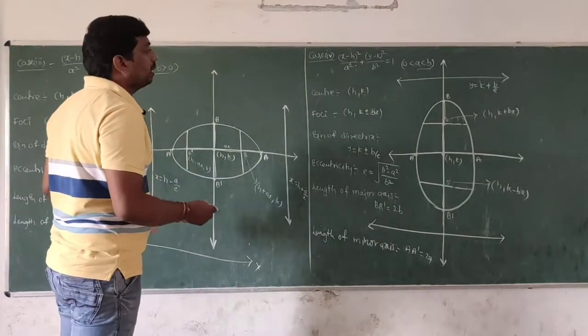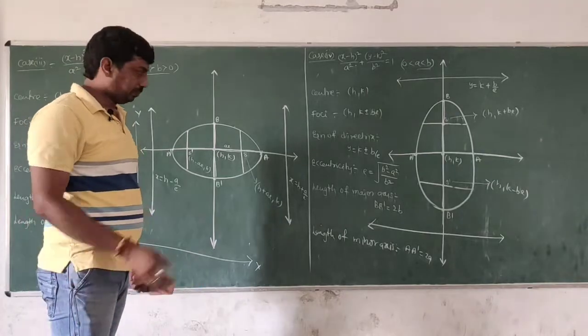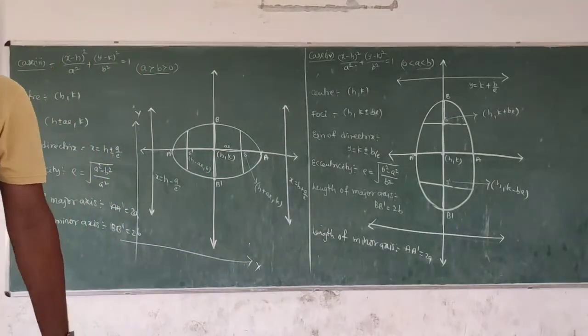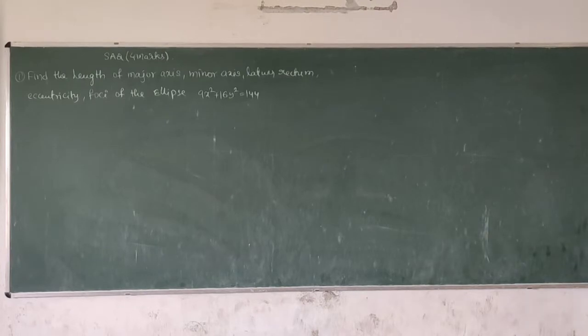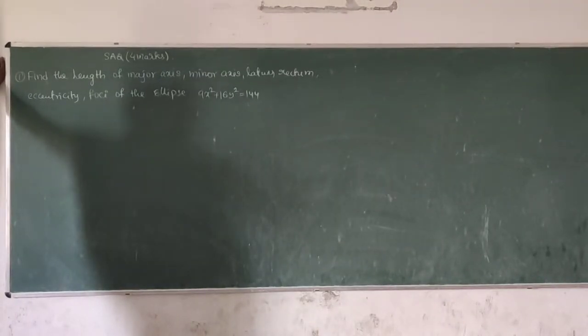So remembering the formulas is most important in order to complete the problems on ellipse. Okay. First write down these two cases. Yes, students. Now, first problem. 4 marks questions. We have very short only in this one.